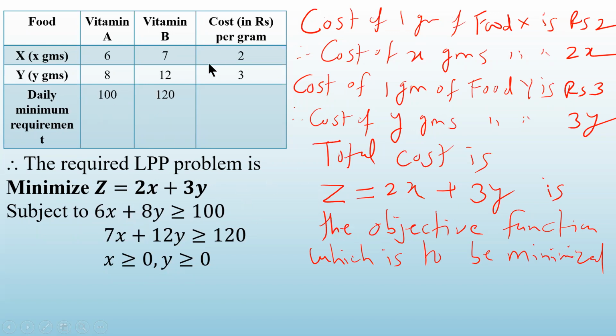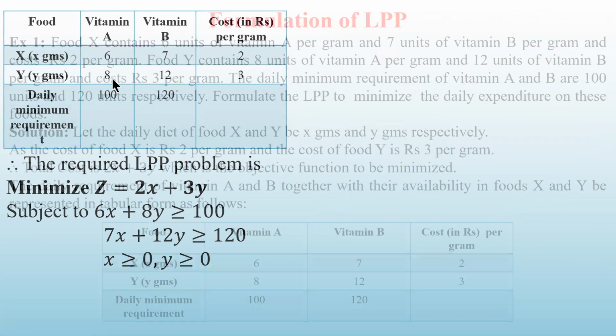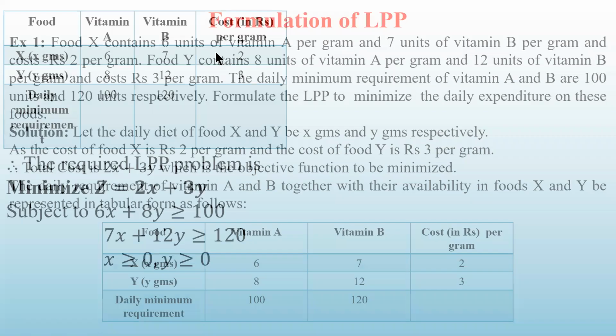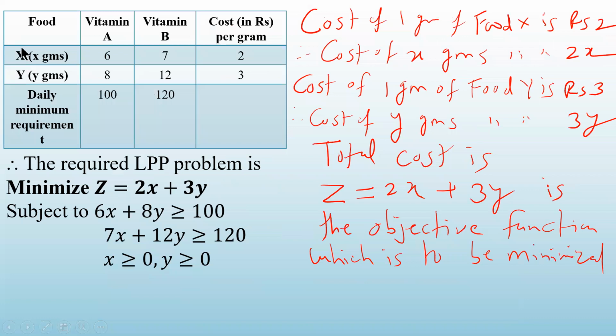So look at this table. See, or if you go back to this, food X contains how many units of vitamin A per gram? On eating 1 gram of food X you are getting 6 units of vitamin A. Look at here. Vitamin A in 1 gram of food X is 6. And suppose a person is eating X grams of food X, so how much vitamin is he getting? 6 times X, 6X.